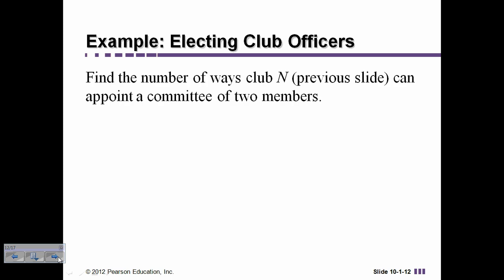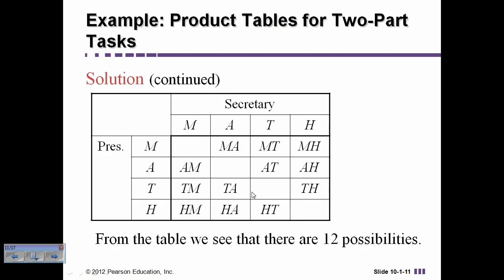So how many different ways can we have a person be secretary and a person be president? There are 12 different possibilities, and you see those 12 possibilities listed here.